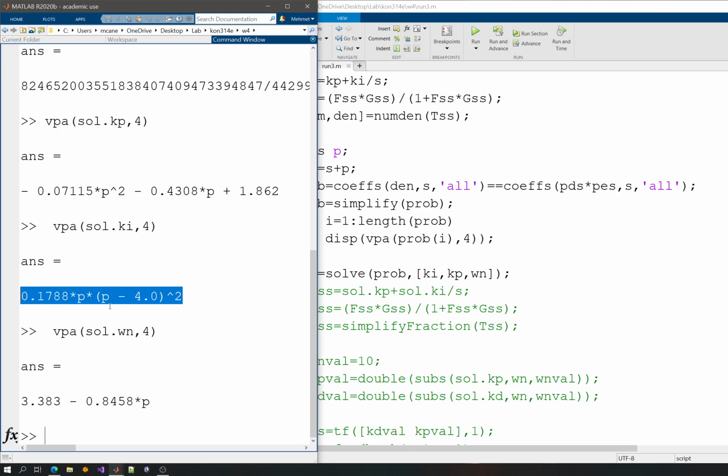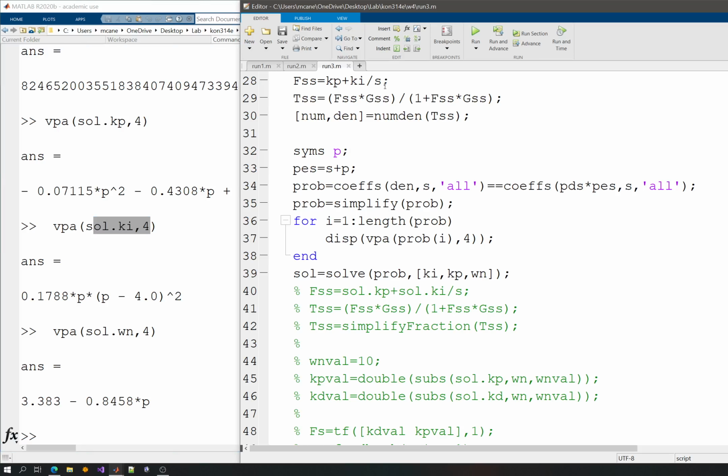So if P is equal to 4, then Ki will be 0. If Ki is 0, then this controller becomes a P-type controller.